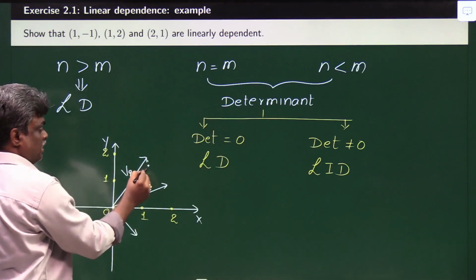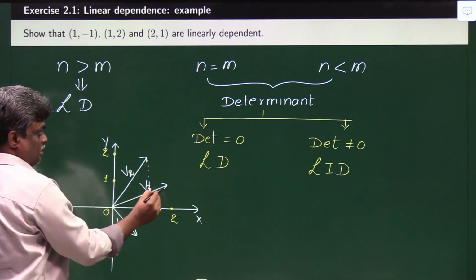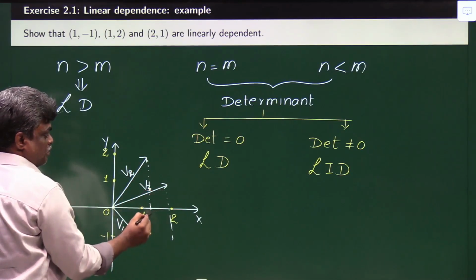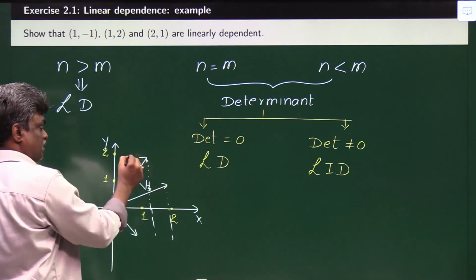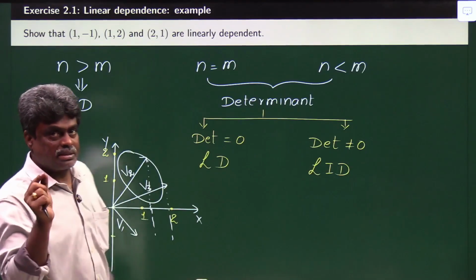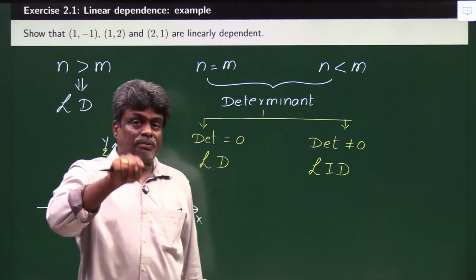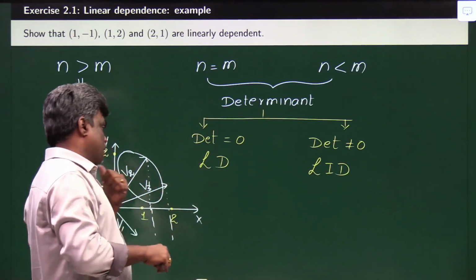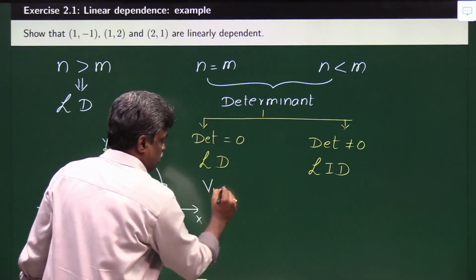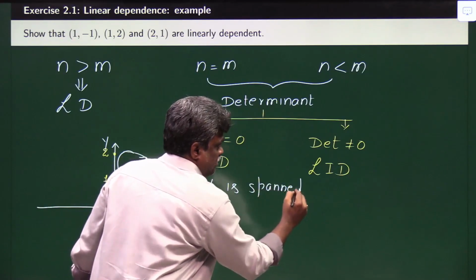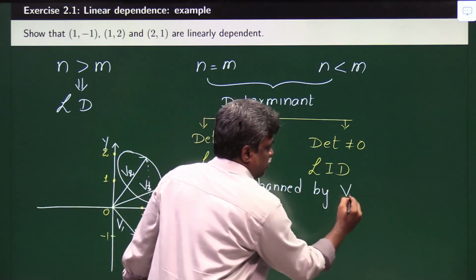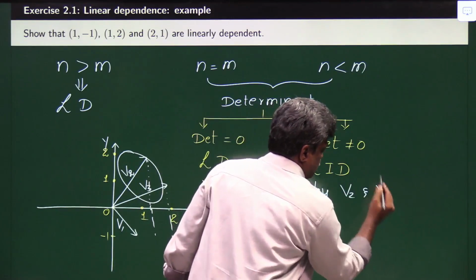If you see carefully, the first vector is in the span of v2 and v3. That means v1 is spanned by v2 and v3. So we can write like this: v1 is spanned by v2 and v3. So what is the meaning of this?